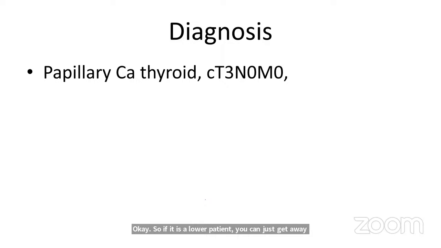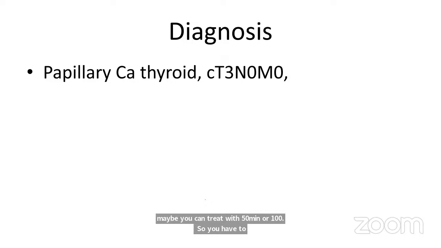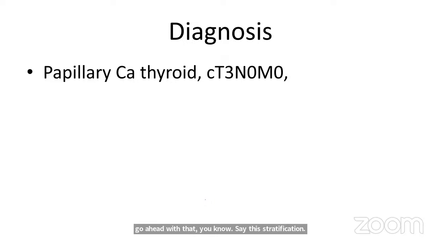Or if there is a need, like maybe you're not sure of the vascular invasion, or the lymph nodal metastatic site is not microscopic, or your pathologist has not mentioned it, then you can say you can treat with 50 millicuries or 100 millicuries. So you go ahead with risk stratification, see where the patient falls, and then say how much you will treat with.